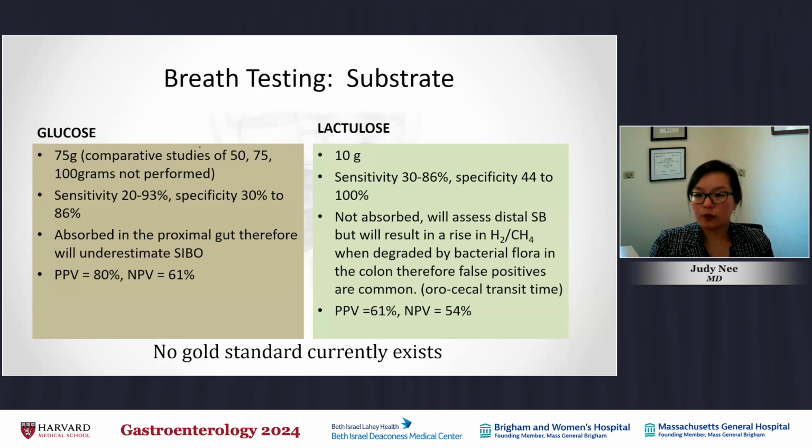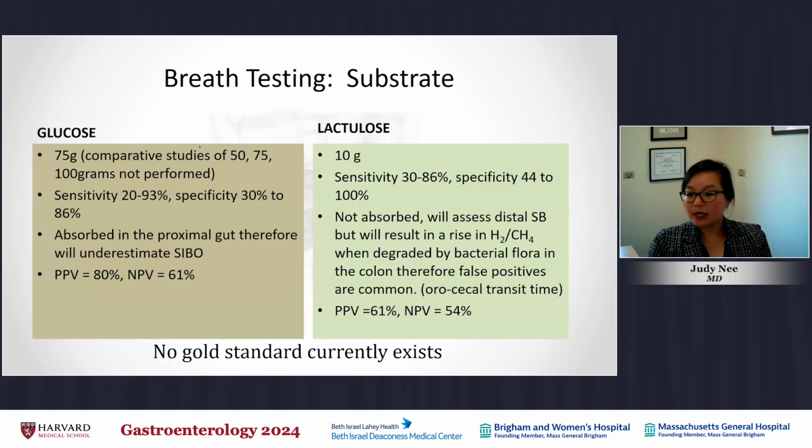Glucose is absorbed in the proximal gut, and therefore we generally think that glucose underestimates SIBO, with a positive predictive value of 80% and a negative predictive value of 61%. Lactulose, on the other hand, is given at 10 grams, also with wide-ranging sensitivity and specificity. Lactulose used to be an oral-cecal transit time estimate.